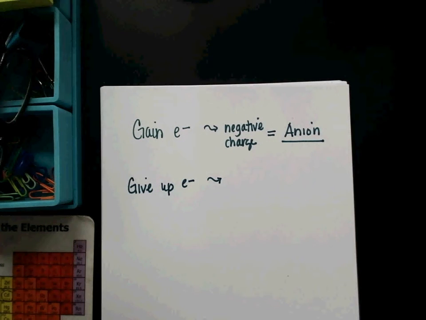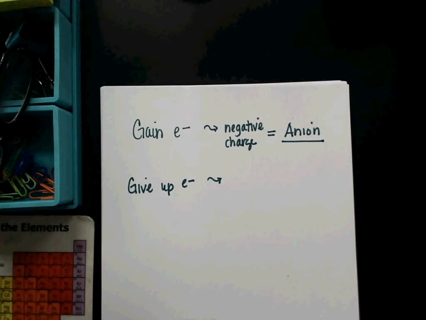So I give up electrons. I'm going to give them up. When I give up electrons, what happens to me? If I'm an atom, what do I become? You only have two choices. So think it through. I'm giving away some of my electrons.